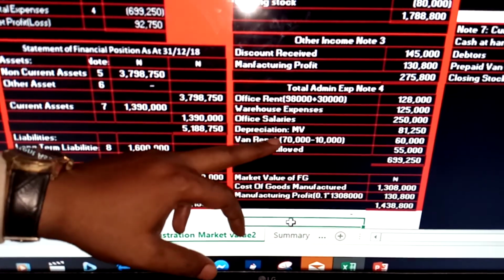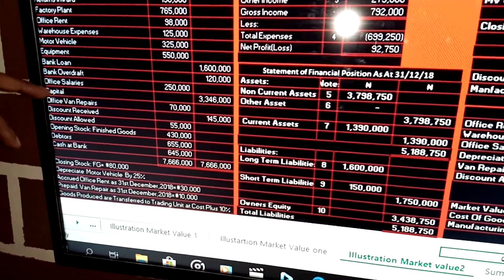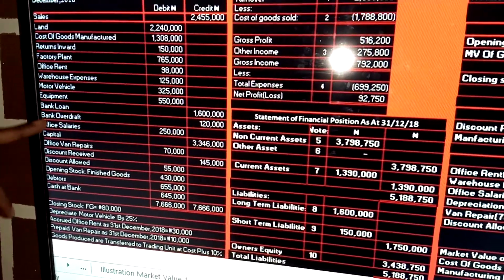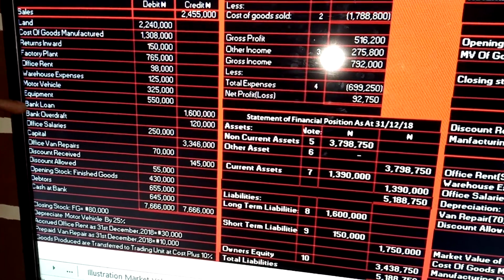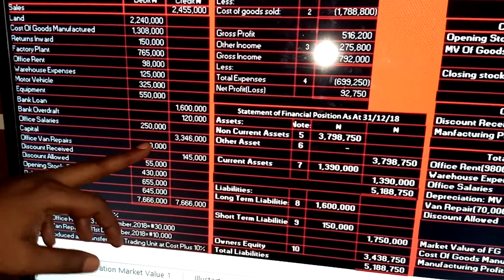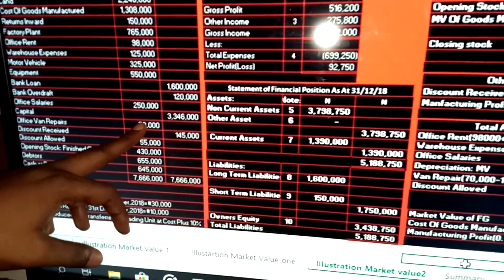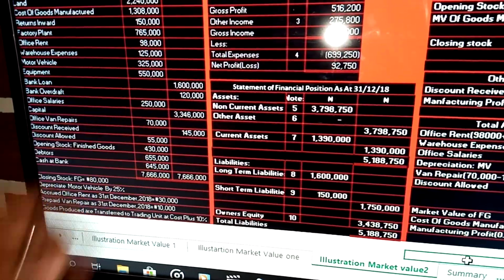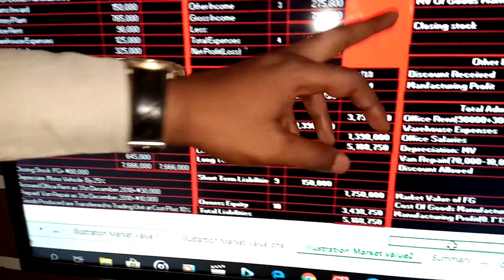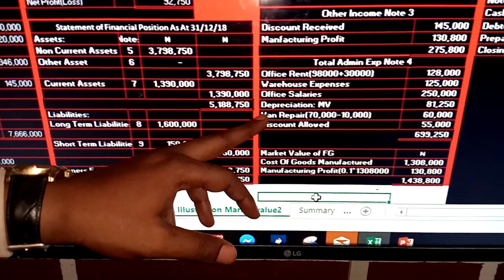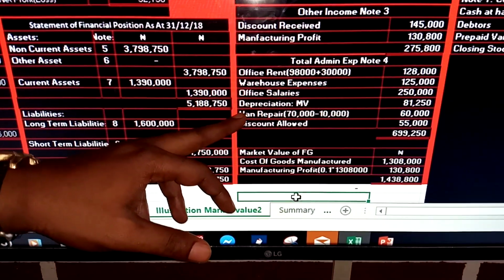So van repair. What's van repair? We have office van repair 70,000. But there is a prepaid van repair. Prepayment means payment in advance. And we already said that for payment in advance, we have to reduce your expense for the period, and it's a current asset.